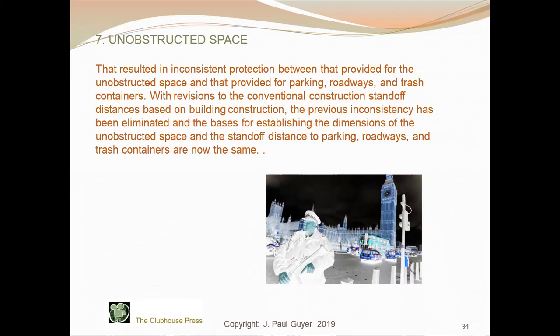The extension of the unobstructed space to the parking and roadway standoff distance does not apply where there is no controlled perimeter, however. The reason for that is that the assumed explosive weight where there is no controlled perimeter, explosive weight 1, is much larger than the hand-carried explosive that is assumed for the unobstructed space.